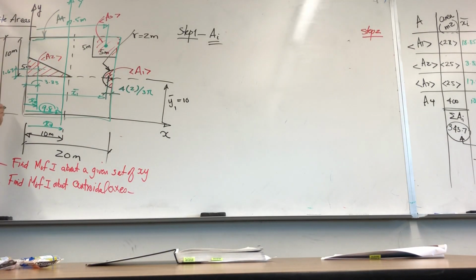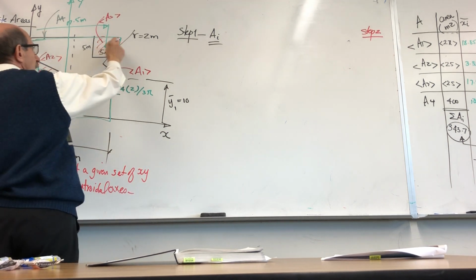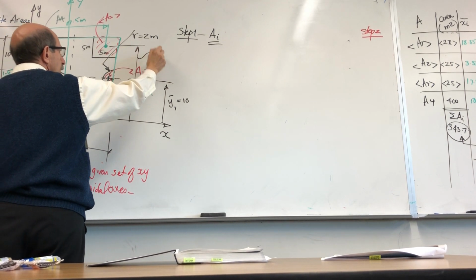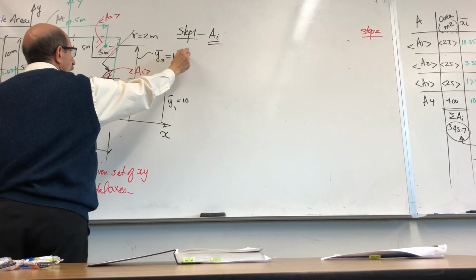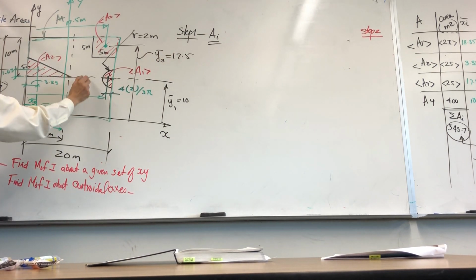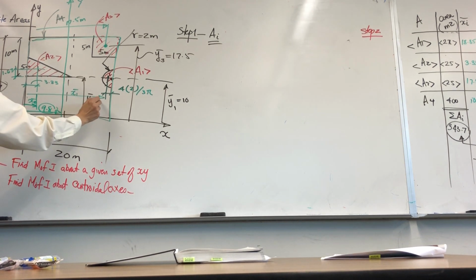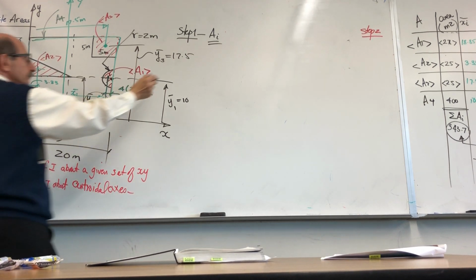For this guy it is y2, which is 10 plus 1.67. For this guy it is y3, which is 17.5, and for this guy it is y4, which is 10.